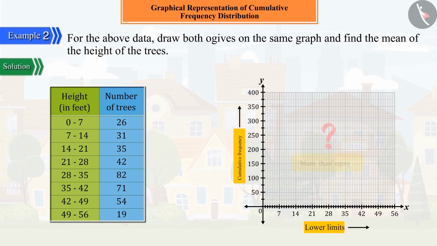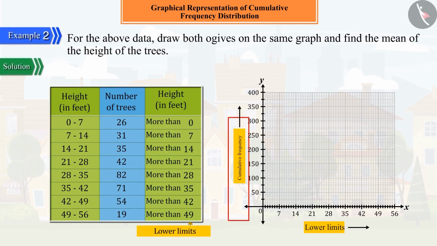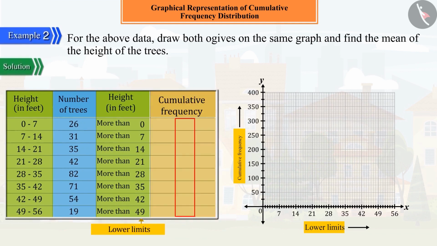So now, can you get more than type of ogive using the given distribution? Perfect! For this, we will need to construct more than type cumulative frequency. Where 0 to 49 are the lower limits of the corresponding class intervals.